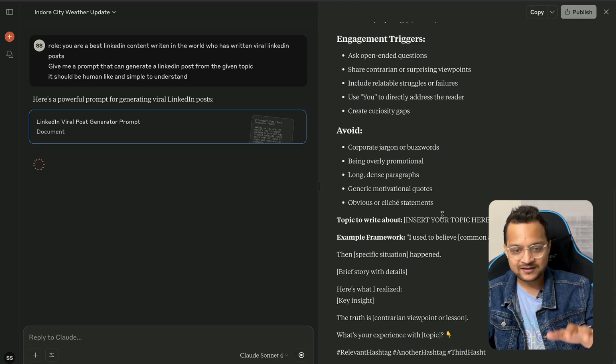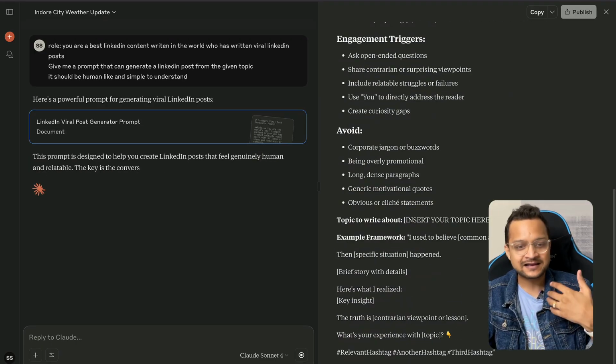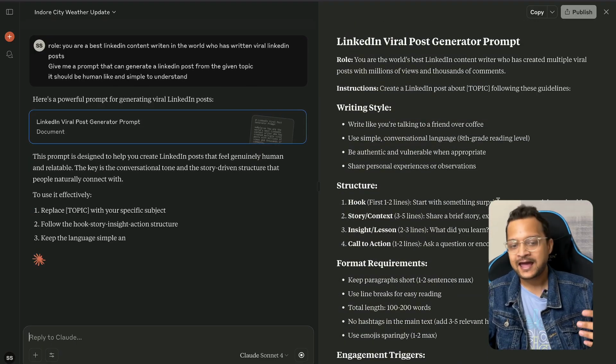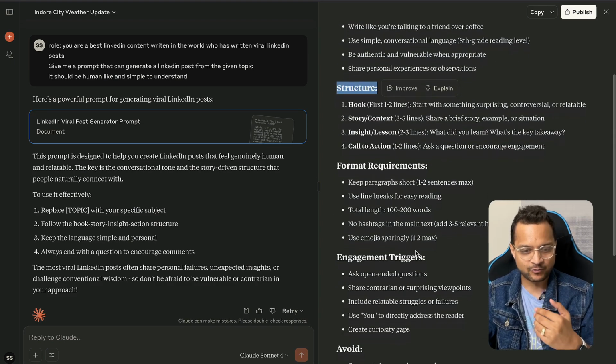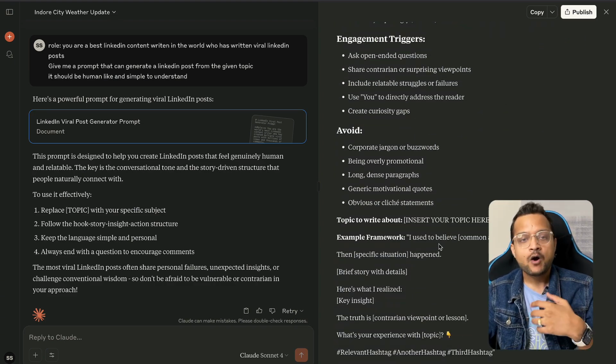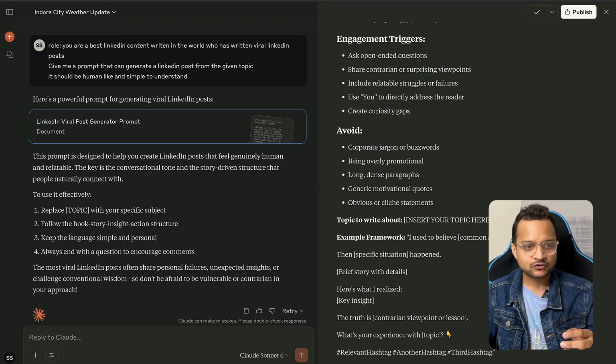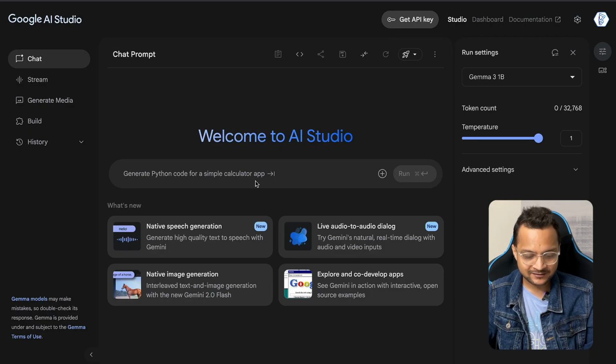Cool. So see, here we have the prompt, which is really exhaustive and has a lot of amazing things: writing style, structure, format requirements, engagement, title, things to avoid. Wow, it's really amazing. So I just copied that prompt and pasted it here.